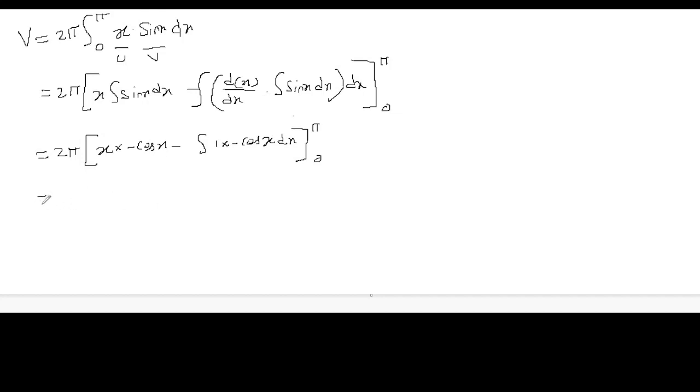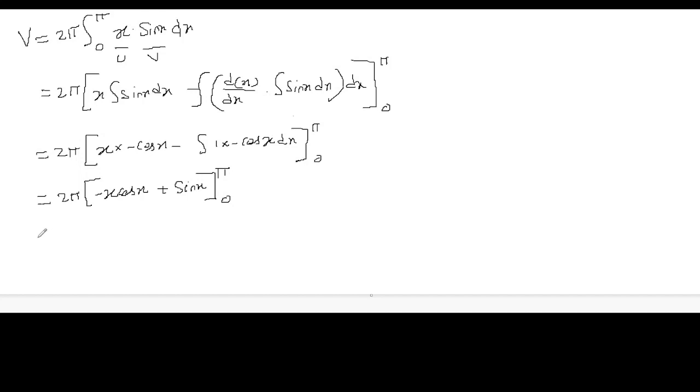Finally, after simplification and integration, we get 2 pi, this gives minus x cos x. Here the minus will come out to become plus, and the integration of cos x is sin x. At the limit 0 to pi.